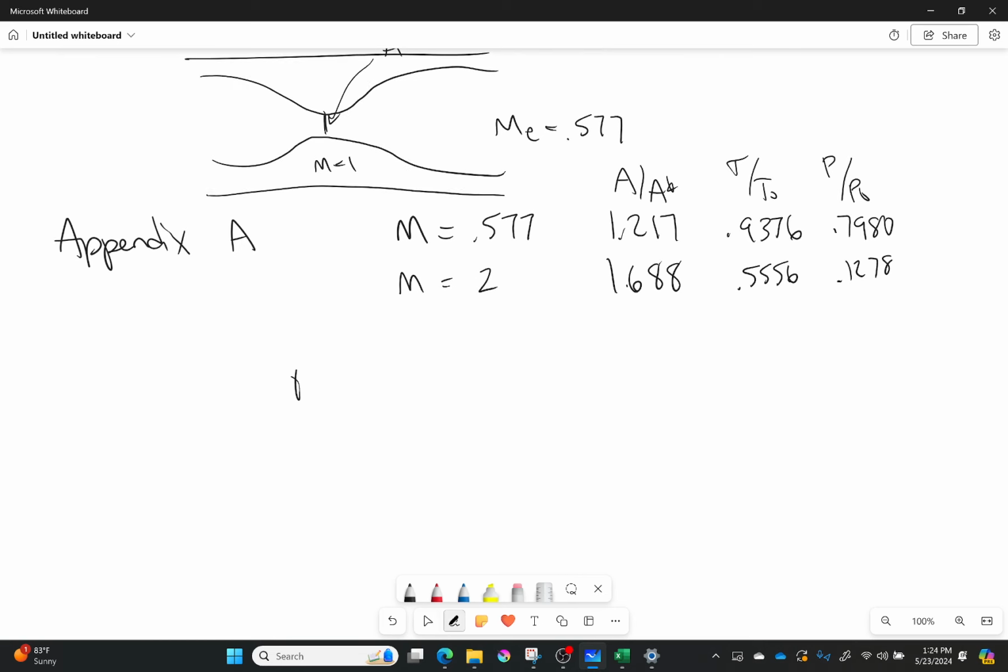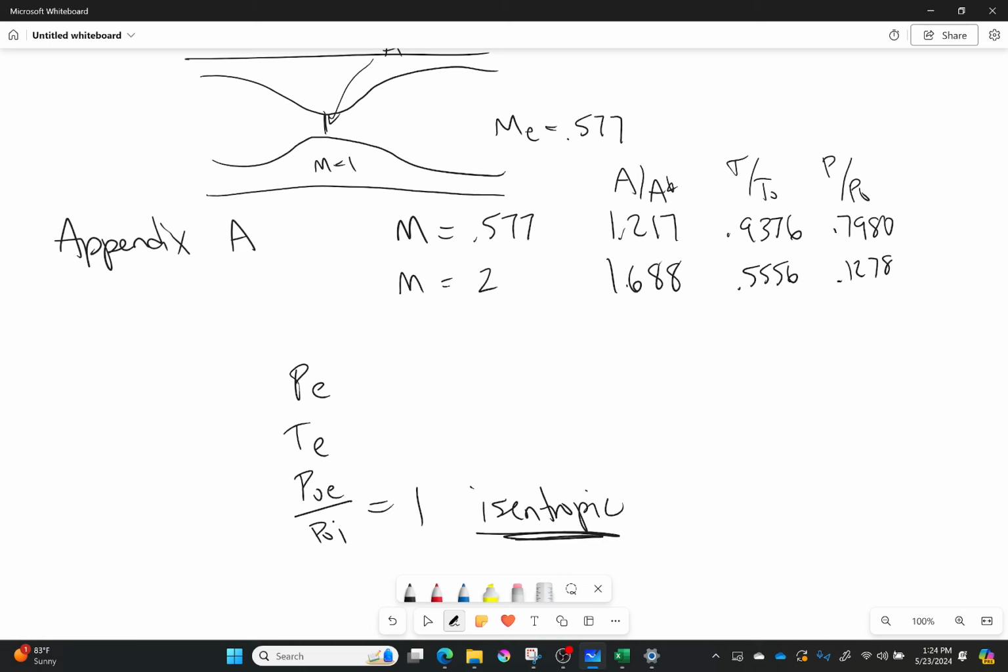We want to know what is our exit pressure, what is our exit temperature, and what is P naught exit over P naught inlet. Now, the last one is the easiest one to tell you. It's 1. Because I assumed it was isentropic. I had to do that for that nozzle, otherwise I couldn't actually solve it.